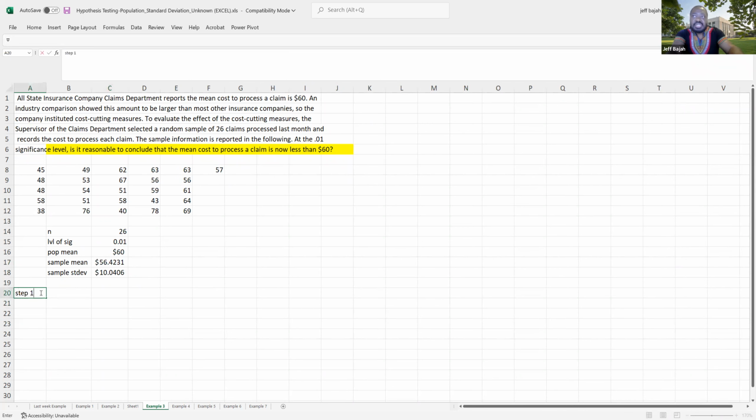Remember, our first step doesn't change. It's the same. We have to write our H sub O and H sub A. If you remember, we said that H sub O is always about equality, and H sub A is always about inequality. And if you see, it says the cost to process a claim is now less than 60.